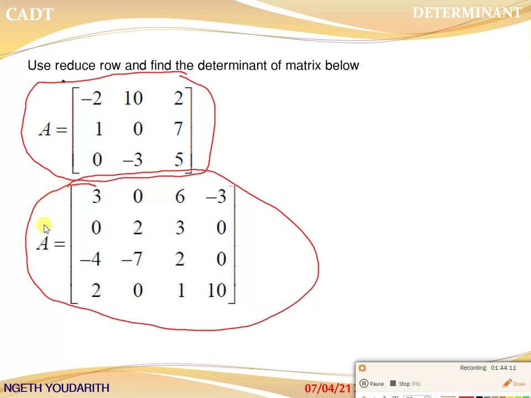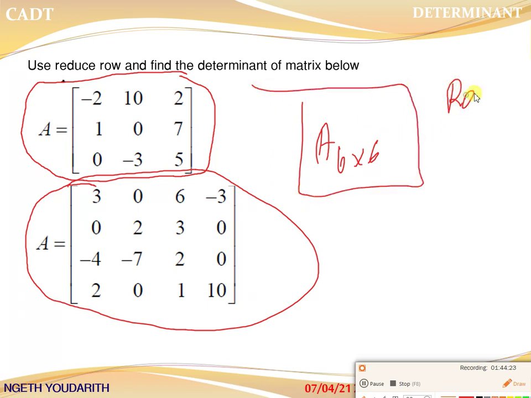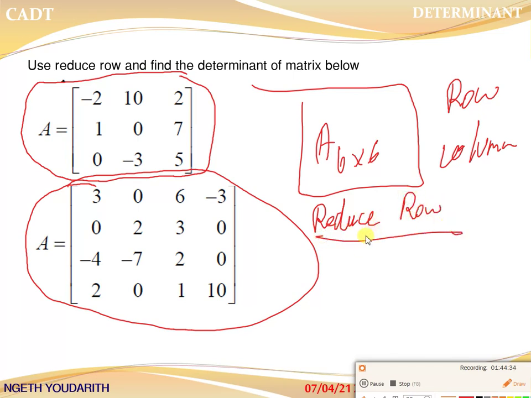But when we have a 6 by 6 matrix, we cannot find it by a row or column expansion. We just find it by reduced row because it is easy.